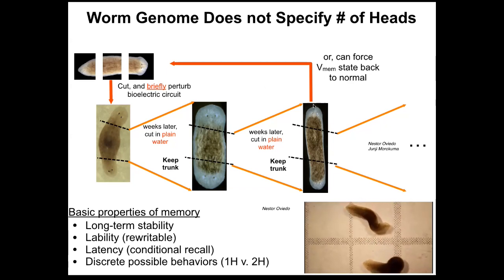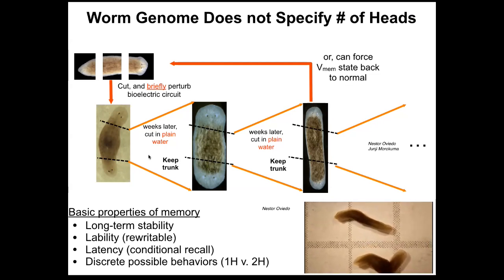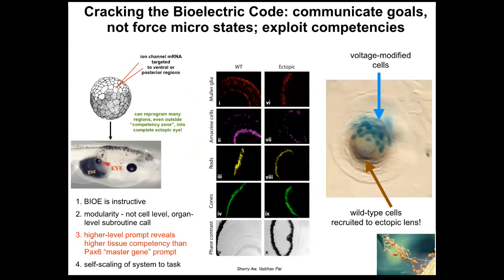Okay, so given that cells have the ability to interpret these bioelectrical patterns, because the bioelectrical pattern is saying build a head here, but the other cells have to interpret it and do all of the hard work of turning on the various genes and differentiating cells into eyes and brains and so on, can we modify what they're doing?